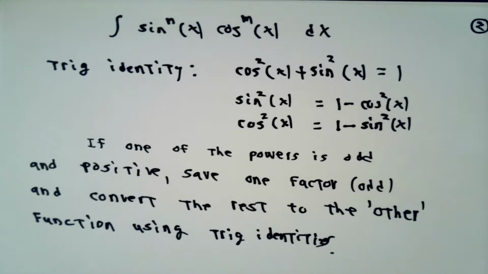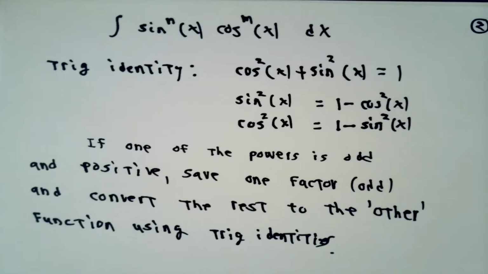Our first recipe is this: if one of the two powers on the sine or cosine is an odd positive whole number, then we're going to split one factor of that function off and convert the rest of the stuff in the integral into the other function using our trig identities.